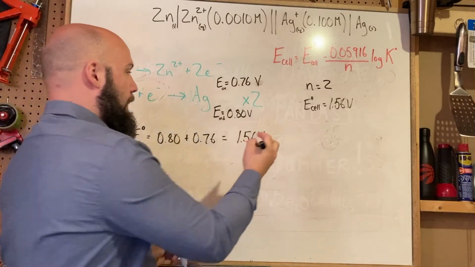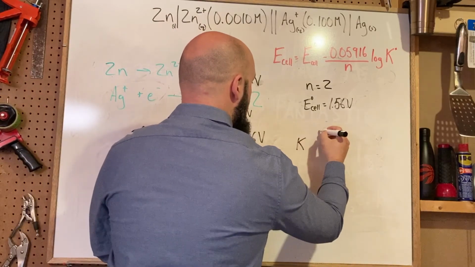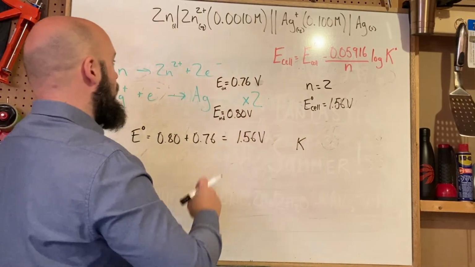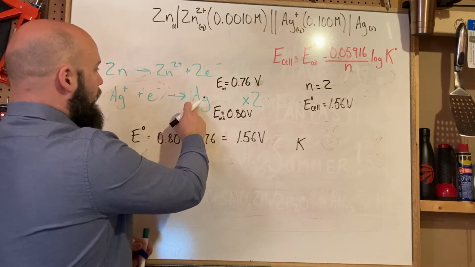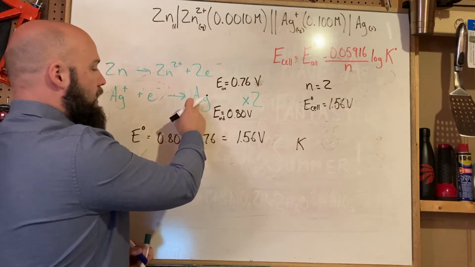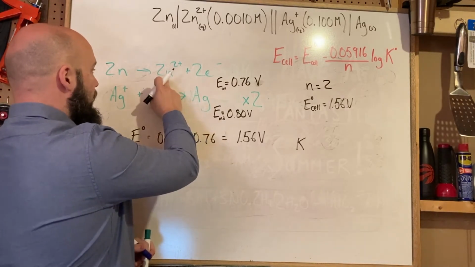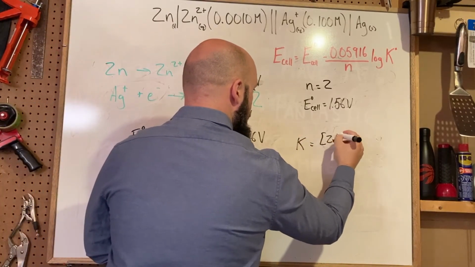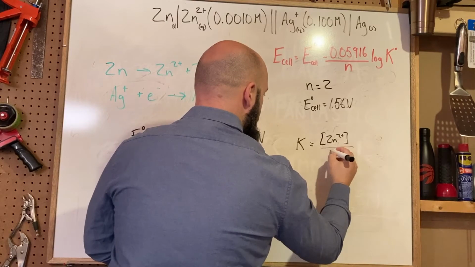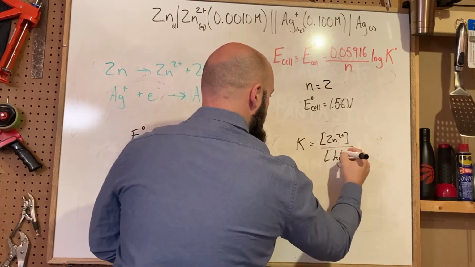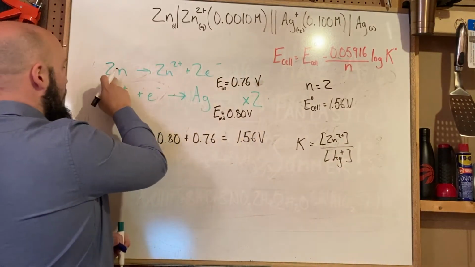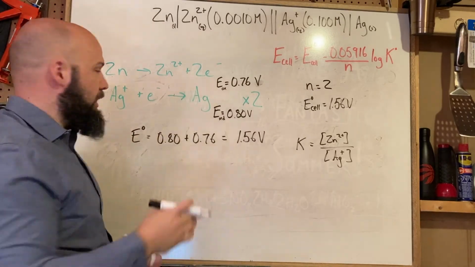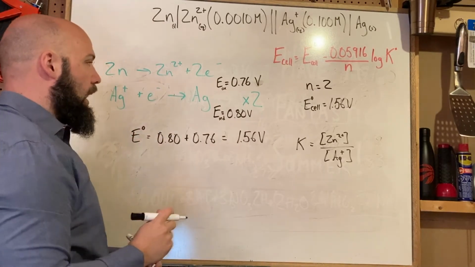The K is the concentration of products over reactants. Now, the silver product is a solid, so it does not have a concentration. So you're going to have the concentration of zinc over the concentration of silver, because, again, the zinc solid doesn't have a concentration, just the silver ions.